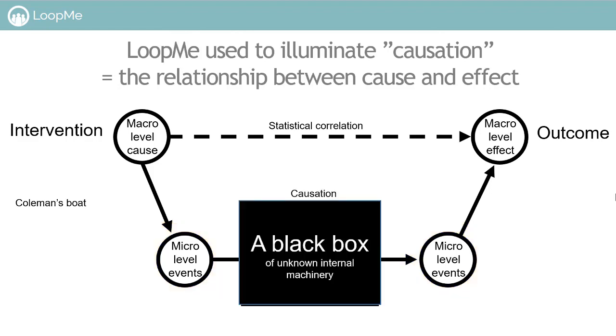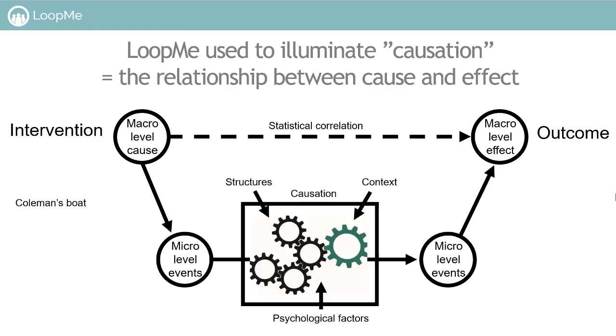LoopMe can show what is going on in something that we often call a black box of unknown internal machinery. On a micro level, what causes things to happen are, for example, structures, context, psychological factors. This is very complex on a micro level, why things happen.